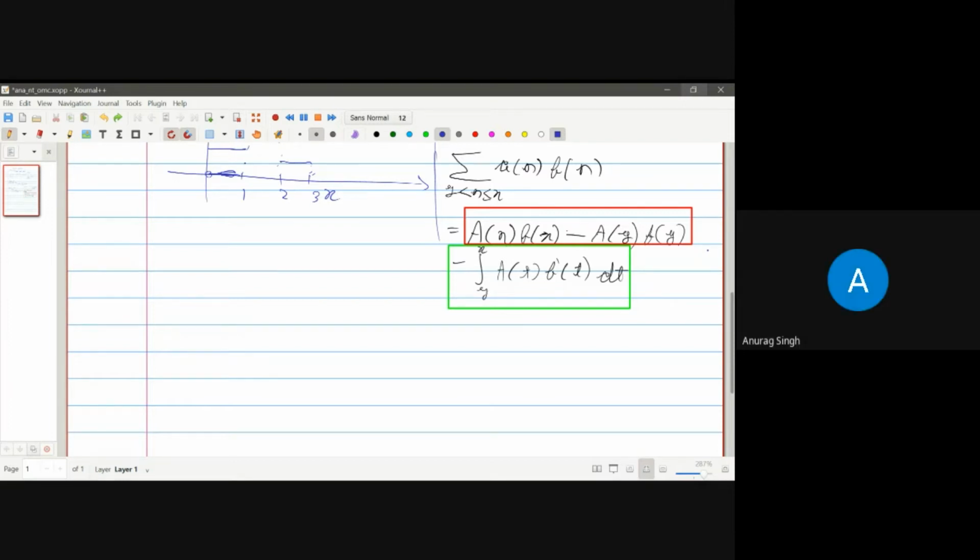Or sometimes what happens is you're generally taking summation n less than equal to x. It's not very common practice for y to be something large. In that case, the error term is just this A y f y thing, and A x f x might also be the large thing. That is fine.